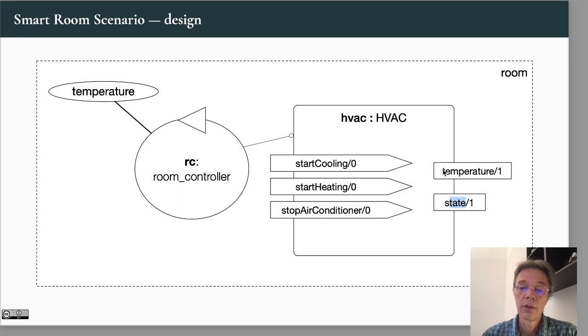We call these two elements observable properties of this artifact, and these three elements are three operations that are exposed in this environment for the agent.